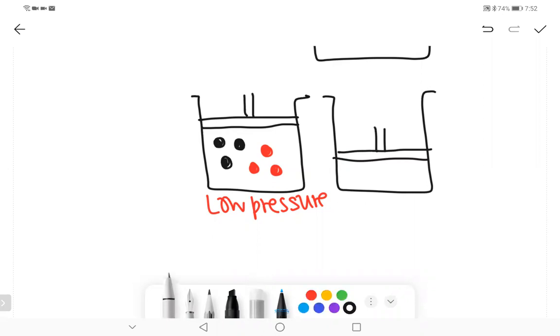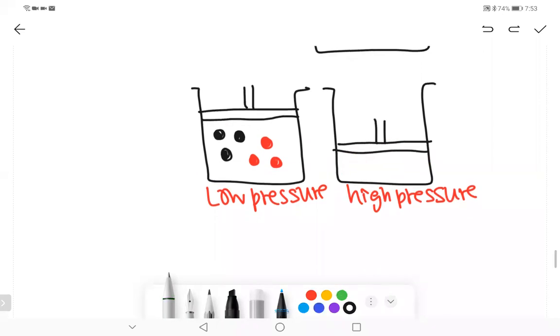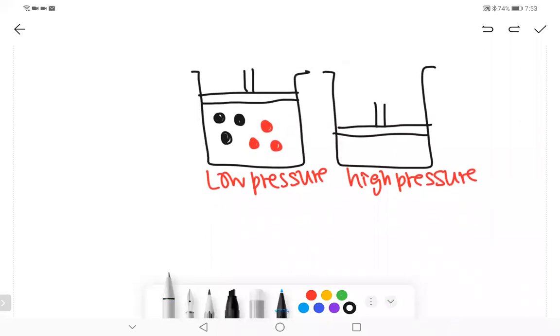When you use a low pressure, the volume is big. When you use a high pressure, the volume is small. That's why I say pressure and volume are inversely proportional. Inside here, the particles are still the same. Use the high pressure, you won't get more black particles, still 3. You won't get more red particles, still 3. You still have the same amount of black and red particles.